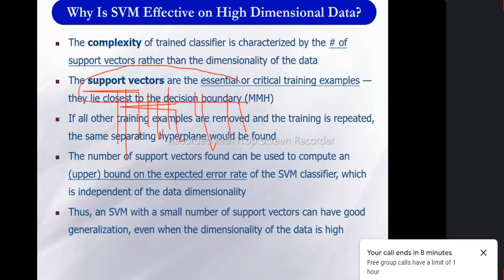If it is very complex, it is very difficult to apply the usual machine, the usual classifier.